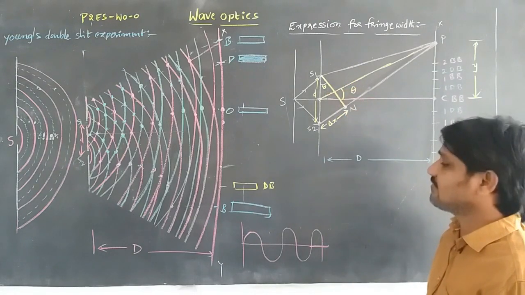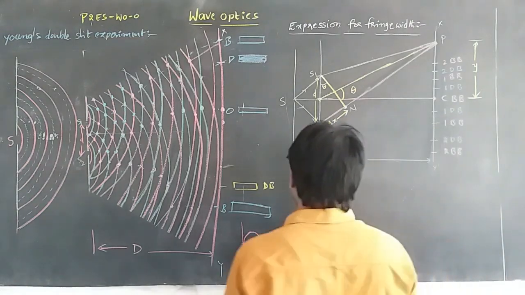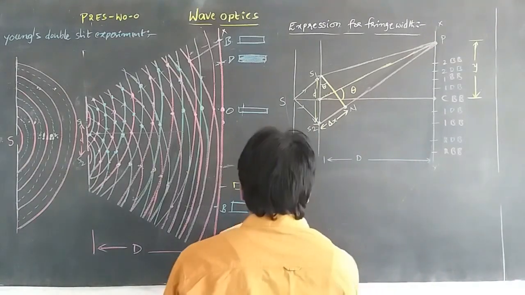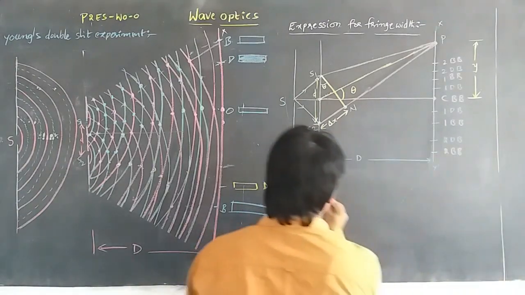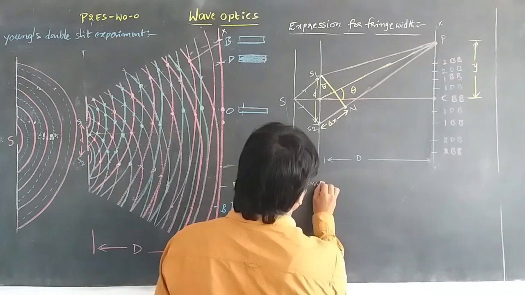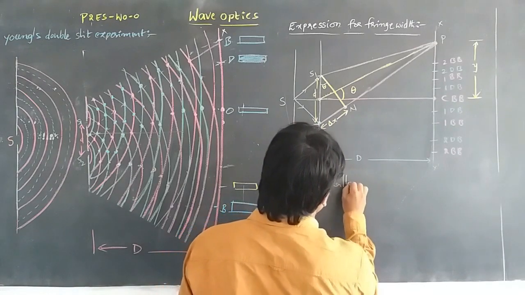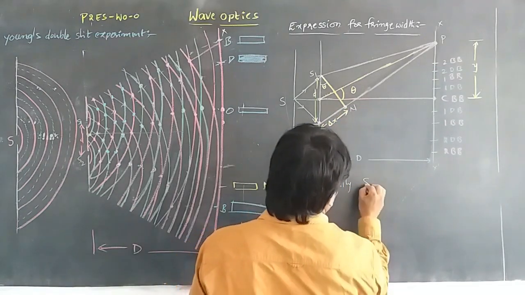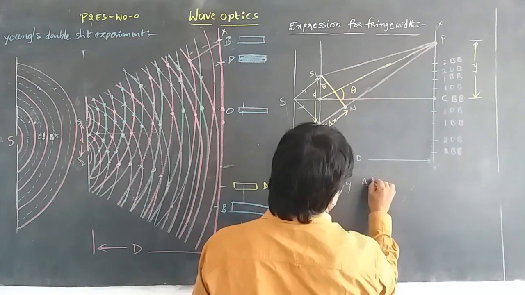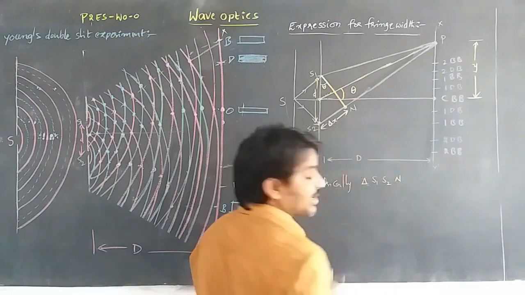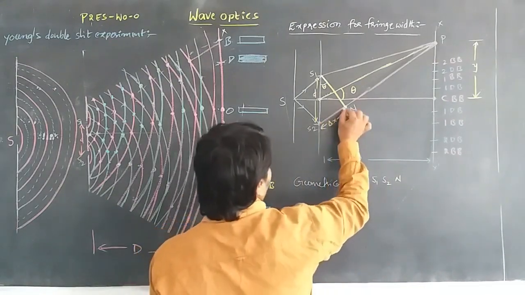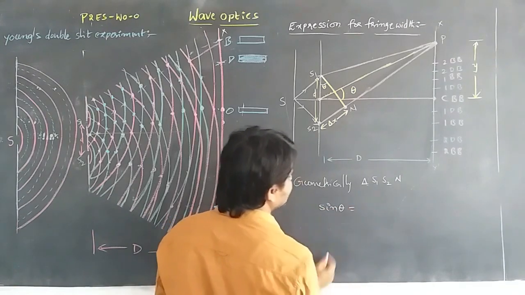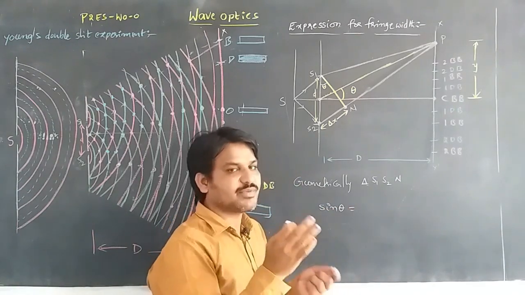From this diagram, geometrically, from triangle S1 S2 N, we are doing it in a simple method. So sin theta is equal to opposite by hypotenuse.